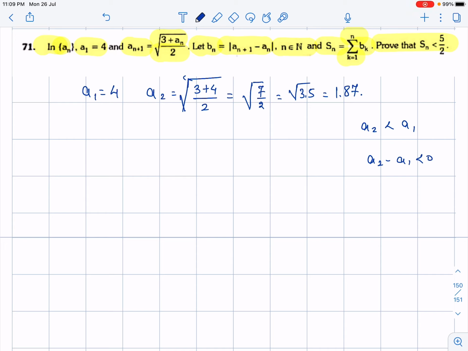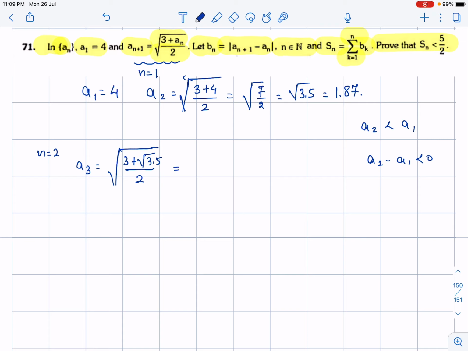Now let's compute some more values. a3 will be becoming what? Square root of (3 plus root of 3.5) divided by 2, by making use of the equation written over here and keeping n is equal to 2. The first time I kept n is equal to 1 in this equation.